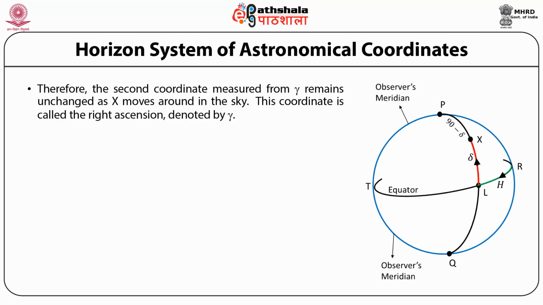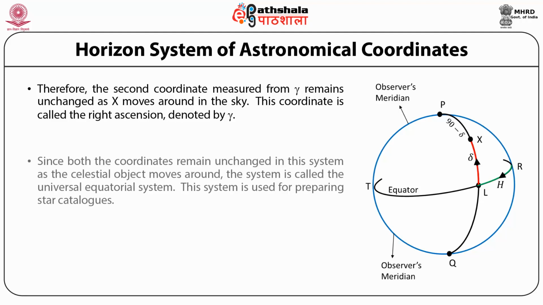This coordinate is called right ascension and denoted by alpha. It is measured in hours, as the vernal equinox also completes one round of the sky in 24 hours. Therefore, alpha is unchanged. Since both coordinates remain unchanged in this system as the celestial object moves, this system is called the universal coordinate system. This system is used for preparing star catalogs.